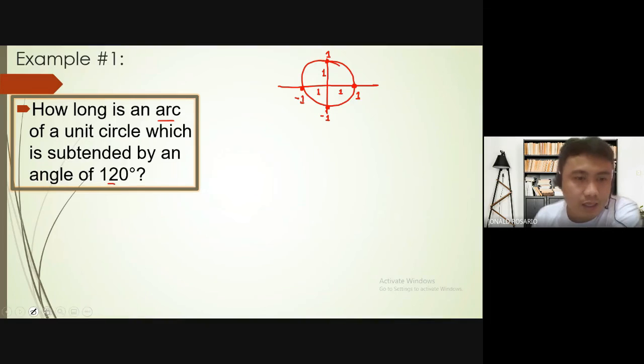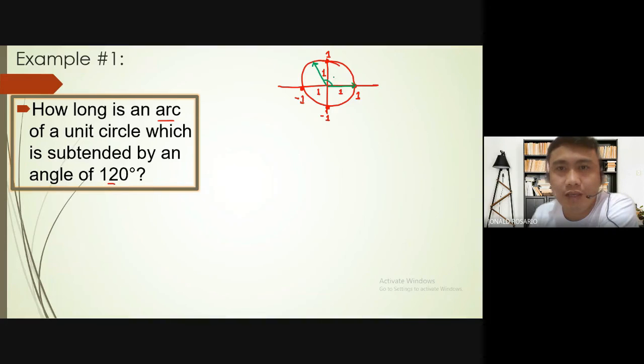So kung titignan natin ang ating angle ay 120 degrees. So gamitin natin ang concept again ng angle written in standard form. So start tayo dito sa angle na ito. So for example, this is my initial side. 120 degrees, so 90 plus 30, so around here.